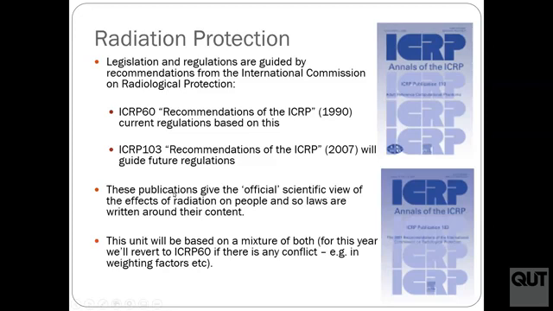These give the official scientific view of the effects of radiation on people, and laws are written around their content. In this unit we're going to be using both of these documents. Nowadays ICRP 103 is the main document, but this was published in 2007, and it takes quite a few years for the recommendations to find their way into law.